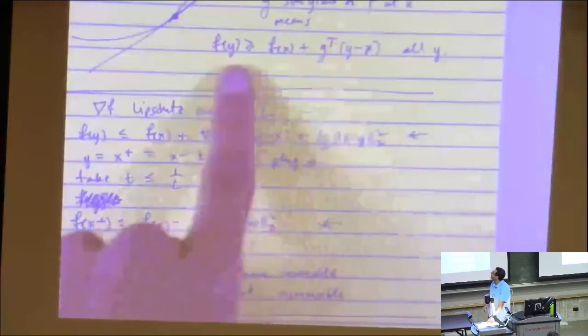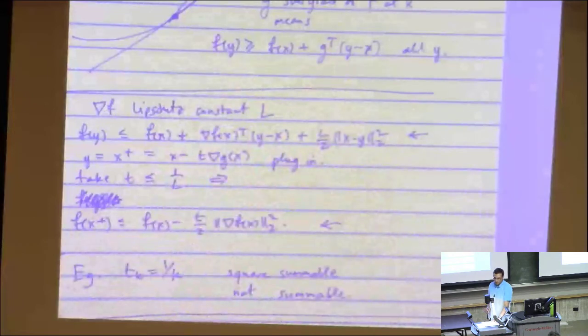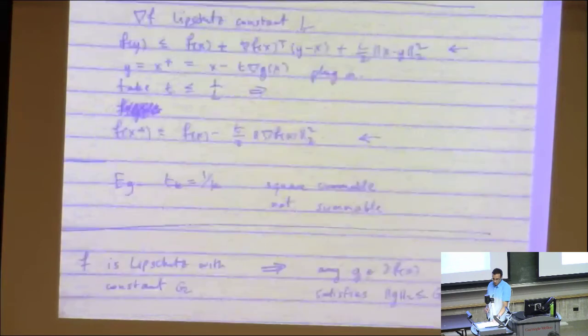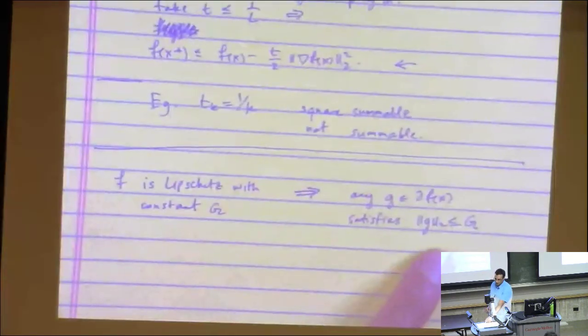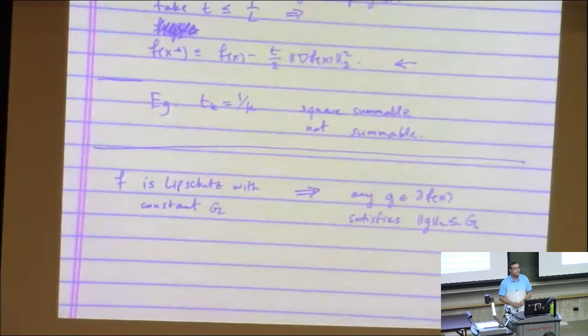So if you just look at this condition and you invoke Lipschitzness, you'll see that you can prove this is the case. So knowing that f is Lipschitz with a constant g tells us that the subgradients can't get too large in norm. So it is some notion of regularity on the function. It's just that we're not assuming that it's differentiable. This is kind of much weaker.